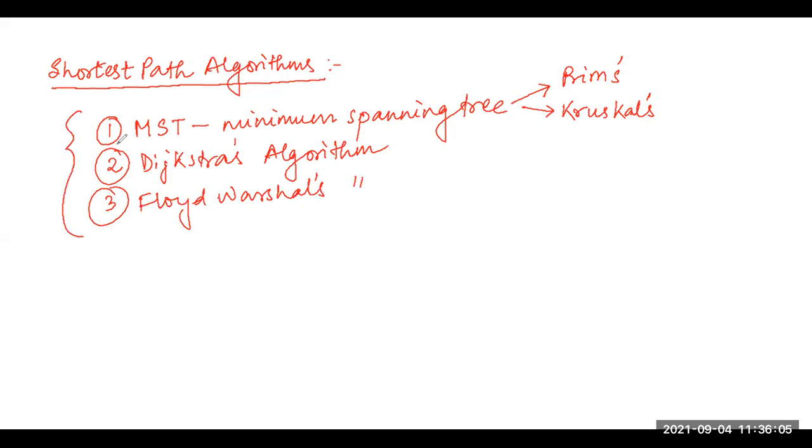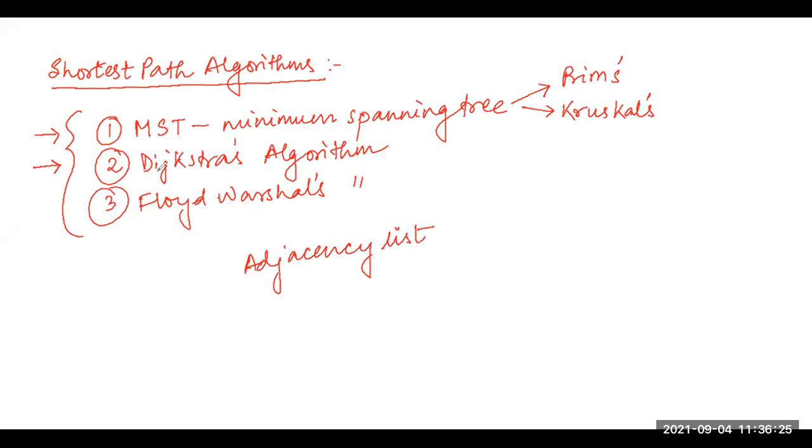Now, the minimum spanning tree and Dijkstra's algorithm use the concept of adjacency list. We have studied that two types of representations are there: one is linked list and another is matrix.